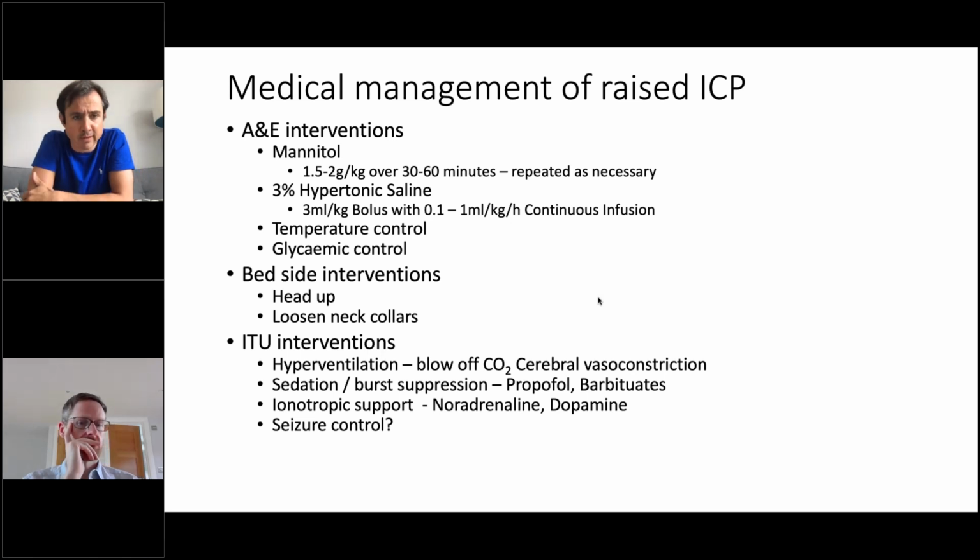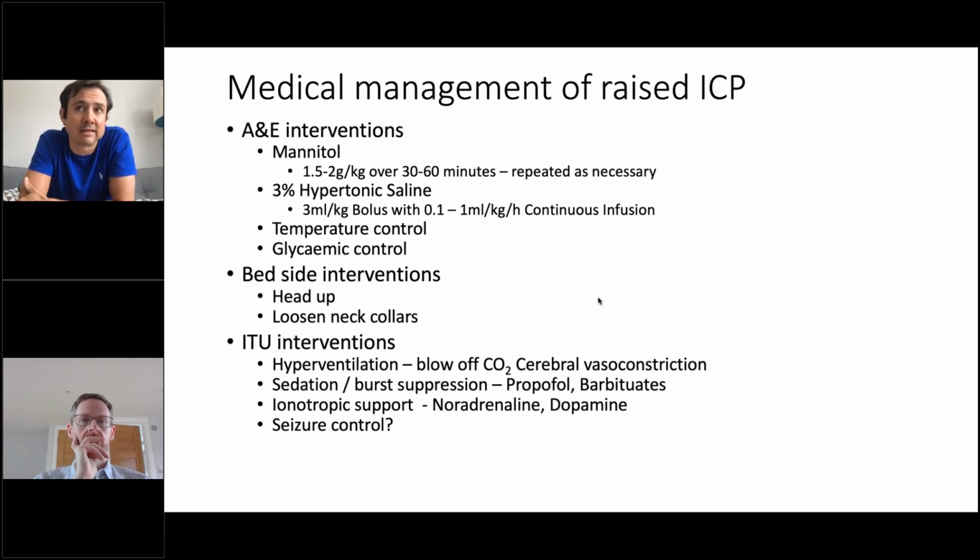The other thing I wanted to mention about using mannitol and hypertonic saline is that before using it, I would speak to the neurosurgical team. The only reason being that I tend to hold giving mannitol or hypertonic saline. My advice is always to have it drawn up and ready in a syringe in the ambulance, but to hold off giving it until you see evidence of, well, really a blown pupil is the sign that I would use.